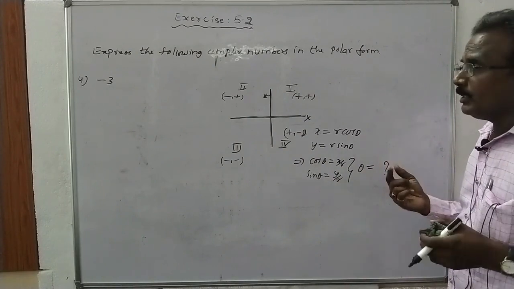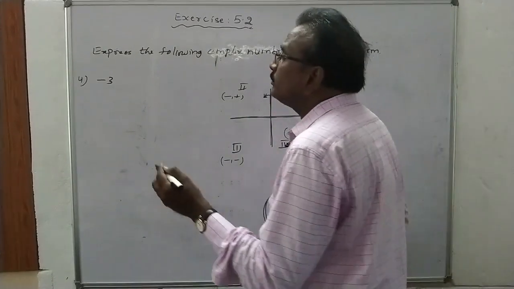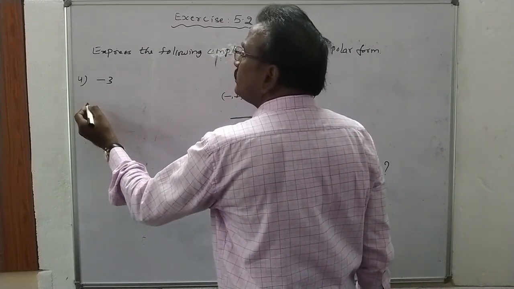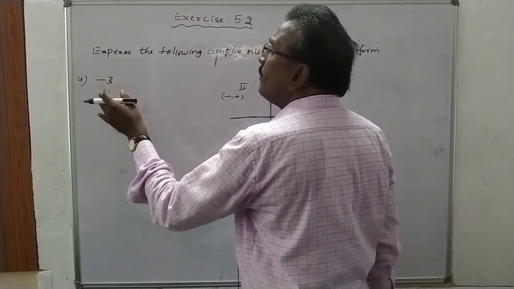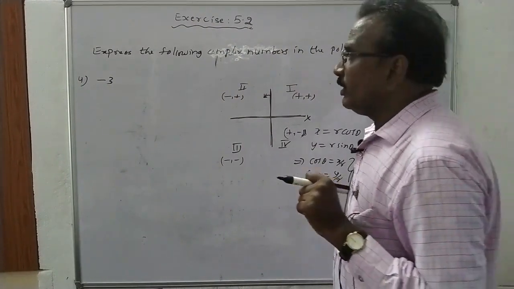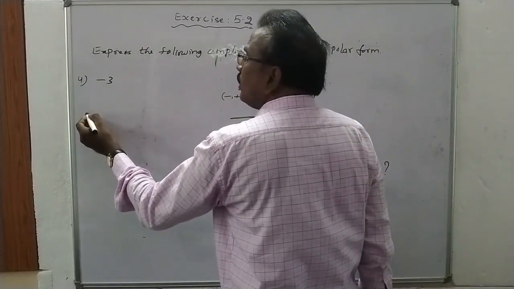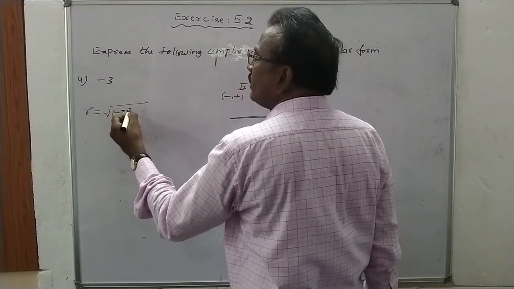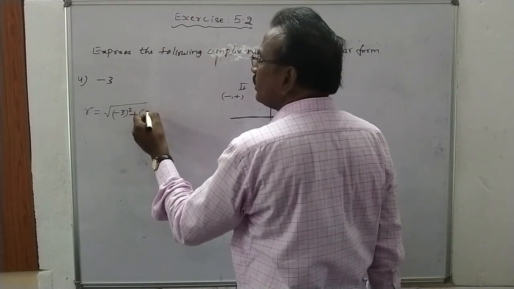So here minus 3 is of the form minus 3 plus 0 into i, or minus 0 into i. The r value is equal to the square root of minus 3 whole square plus 0 square.